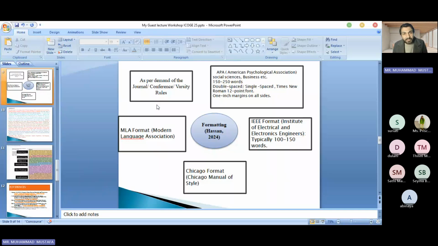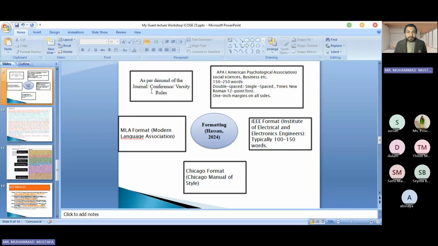So first of all, keep in our mind that, concerning formatting, Hassan in 2024 mentioned in his paper: as per demand of the journal, what should be your format, and how can you make your abstract compelling while crafting it? So we can say, as per demand of the journal.